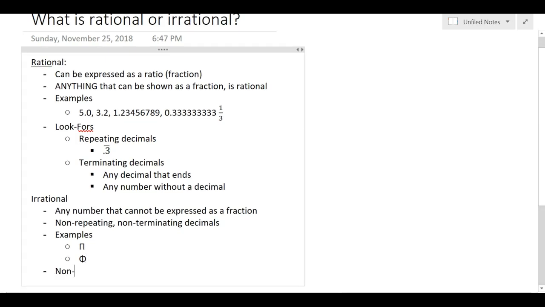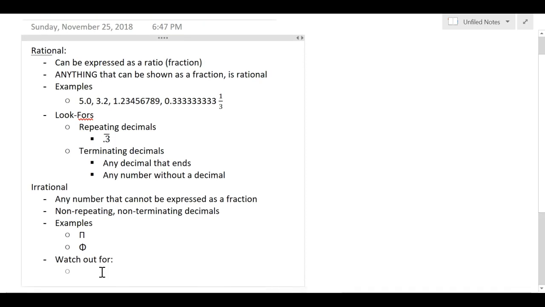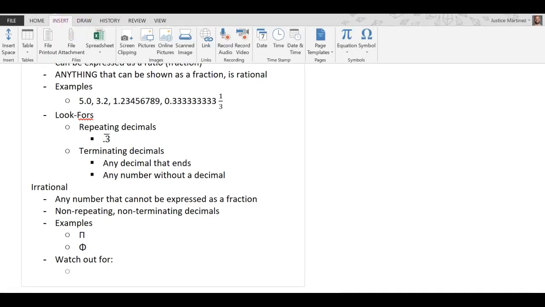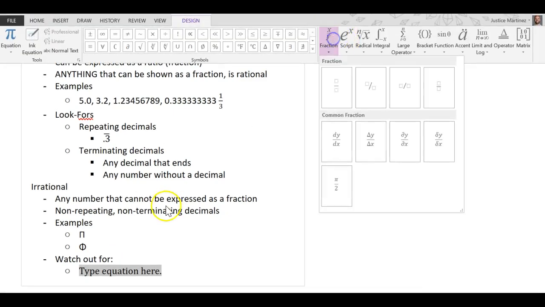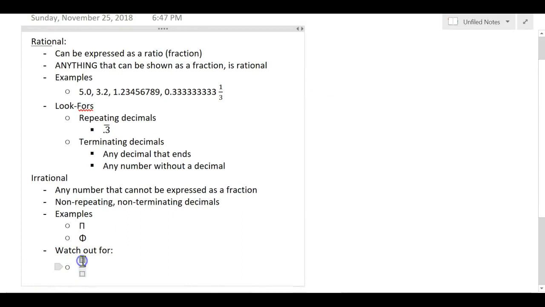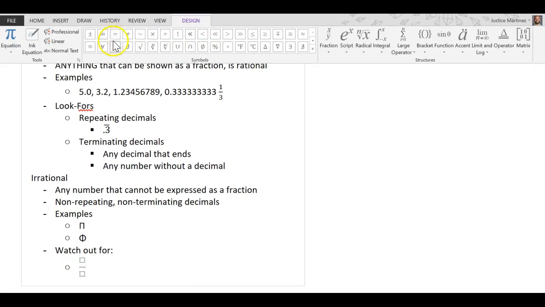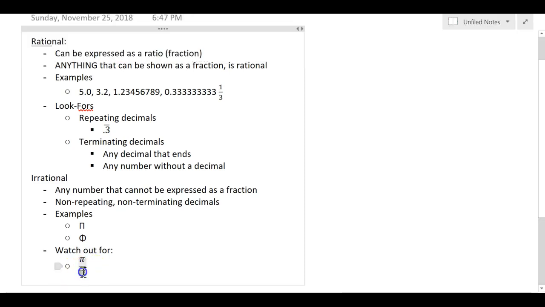A non-example really quickly, or rather a watch out for something like this. And these pop up more frequently than you would expect. Watch out for them doing something to the effect of pi over another number. Now, hopefully you can see that pi over, let's say, 2 is irrational.